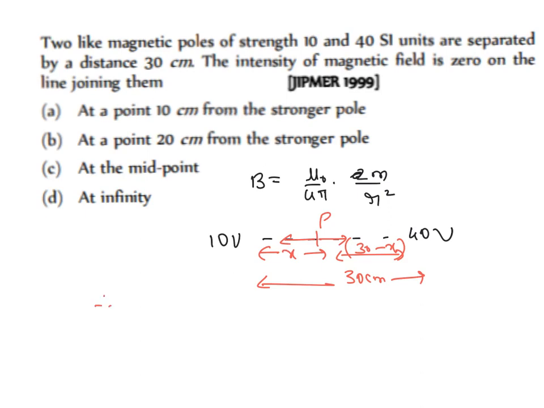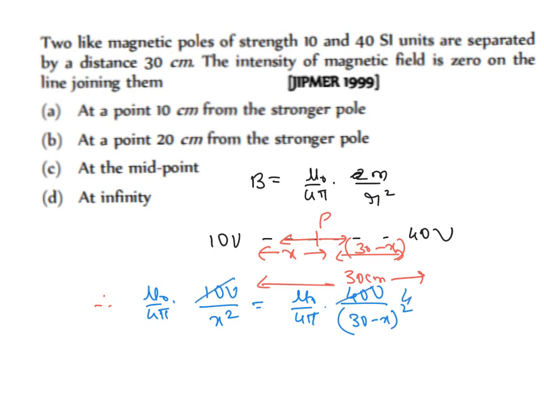So mu naught divided by 4 pi into 10 units divided by x square must equal mu naught divided by 4 pi into 40 units divided by (30 minus x) square. Now 40 is 4 times 10, so 1 divided by x square equals 4 divided by (30 minus x) square.